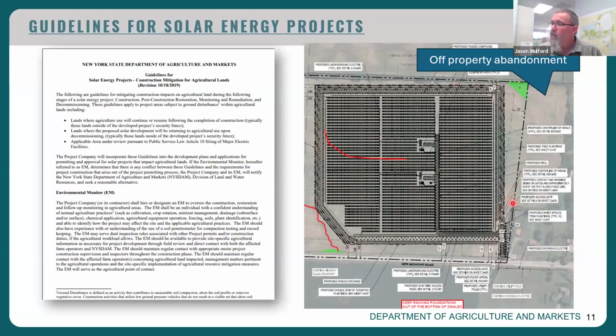So not only is there probably going to be abandonment within that setback area, the property line changes hands here, and there's no access to this. These are the types of things that we ask developers and NYSERDA to, well, minimally answer the questions: have you considered relocating this so that this still can be worked?